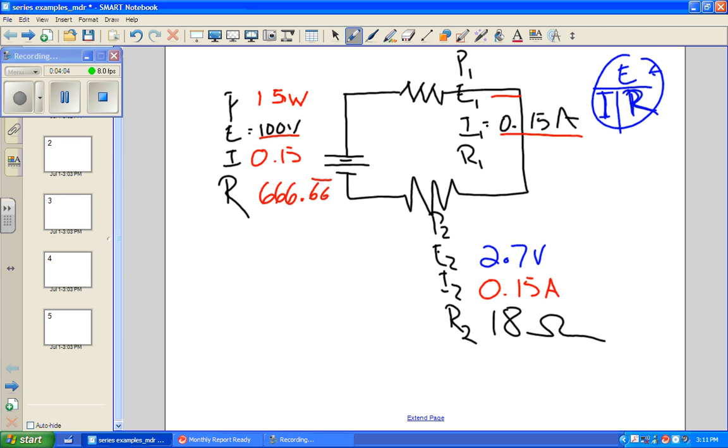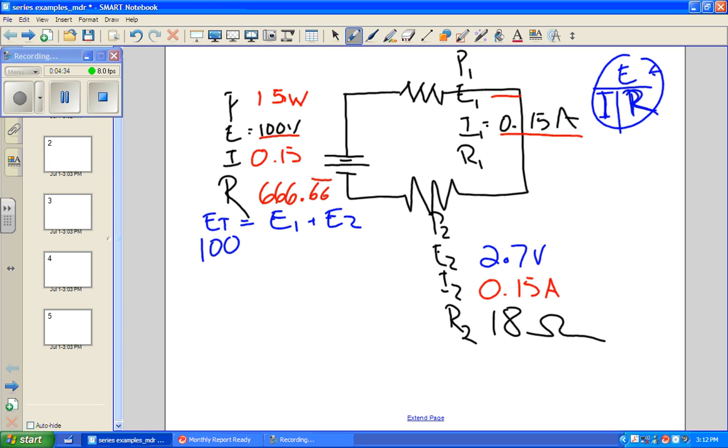Is that correct? Yes. Okay, and we could multiply that times the power. We'll do that in a minute, though. So we still don't have anything in our number 1 resistor, right? But now we have, I guess this is that problem I was thinking of. We have 100 volts as our total, ET, is equal to E1 plus E2. So E1, we don't know.